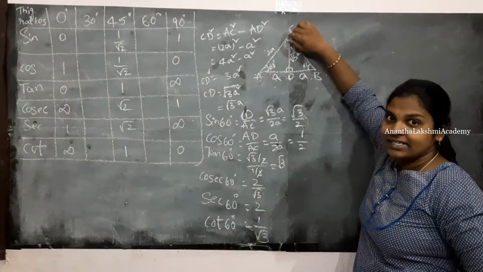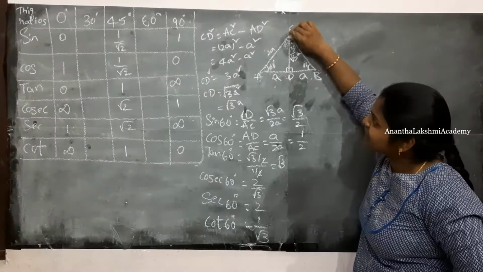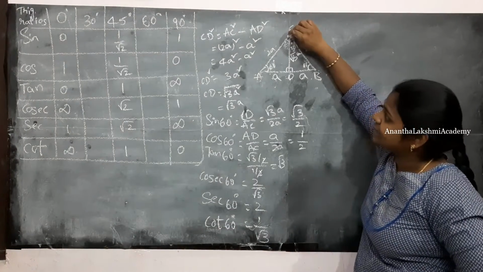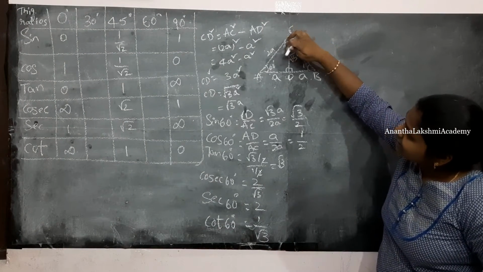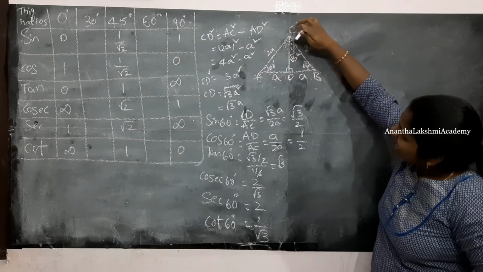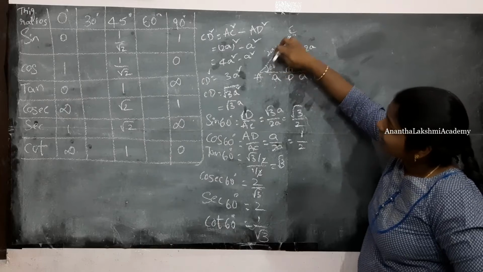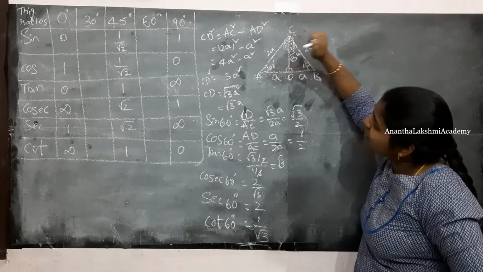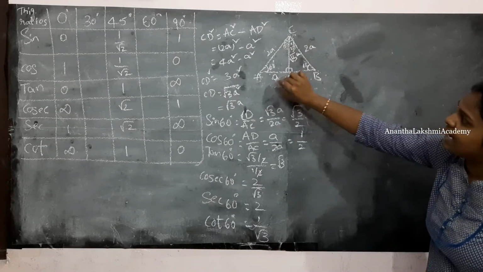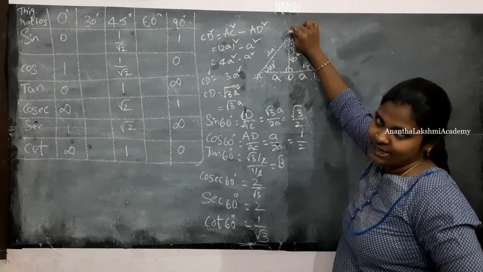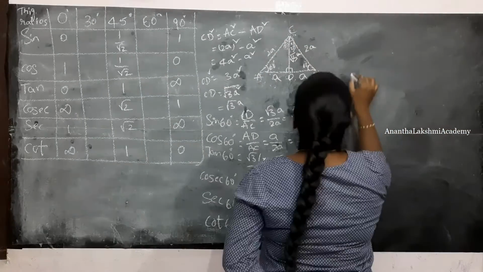Now here, theta is 30 degrees. If I am looking from this perspective, what happens? Sine 30 is nothing but the side opposite to 30 degrees by the hypotenuse. What is the side opposite to 30 degrees? AD by AC.